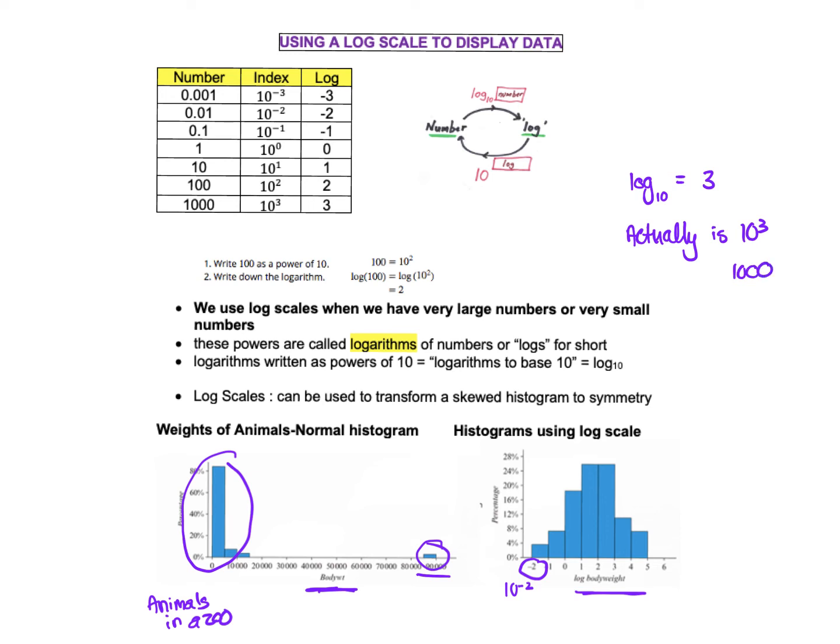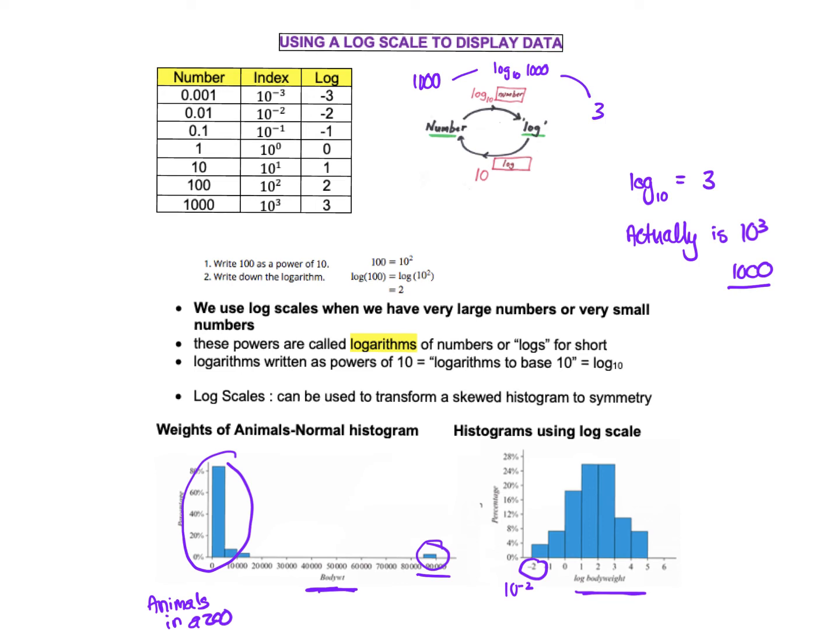Yeah? So it's a way of condensing that scale. So if you have to go from a number to a log, so say I wanted to go from 1,000 to the log number, what you've got to do in your calculator is go log 10 of 1,000, and you'll end up with 3.